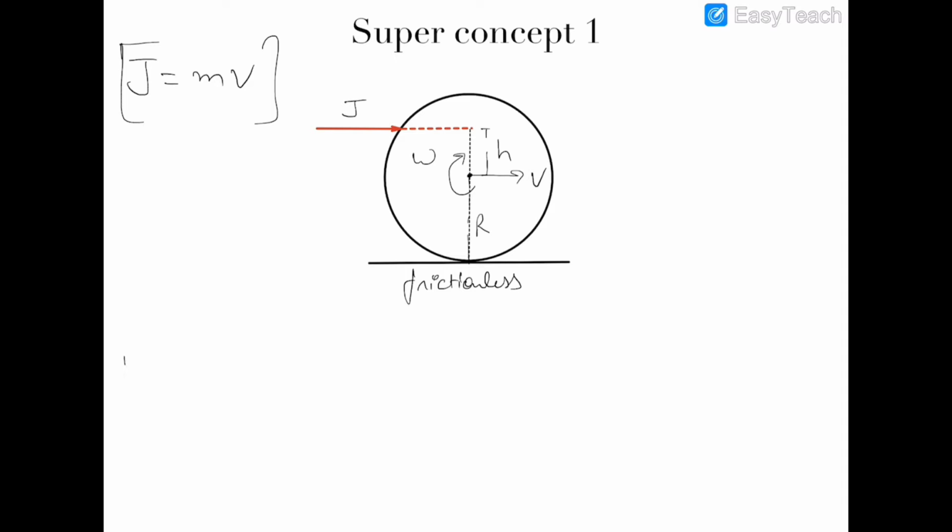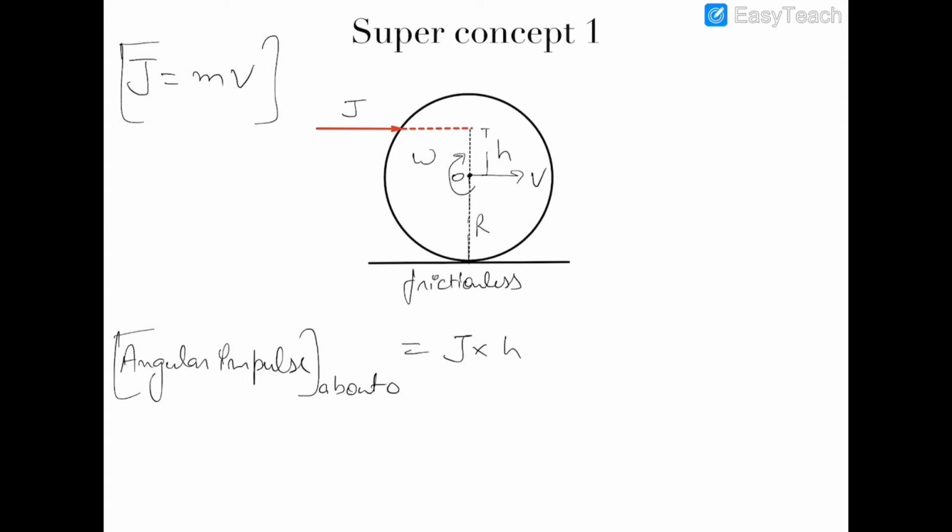Now if we talk about angular impulse about center, the angular impulse about O is equal to linear impulse into distance from O, which is J into h.